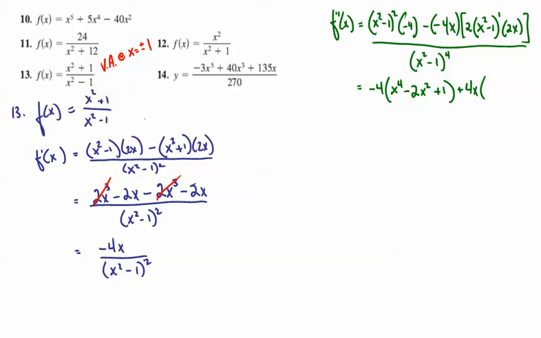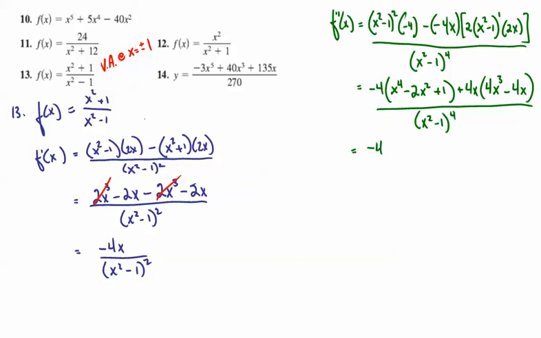We have 2x times 2, which is 4x, times x squared, which is 4x to the third power. Then 4x times negative 1 is 4x. Again, all over x squared minus 1 to the fourth power.